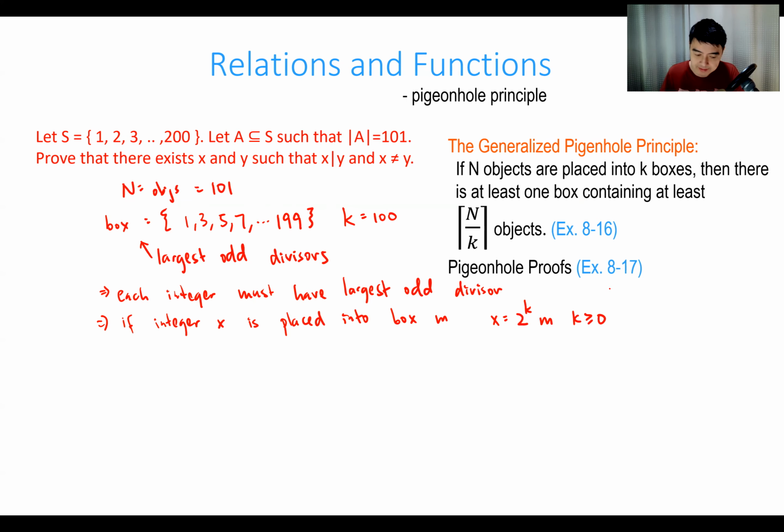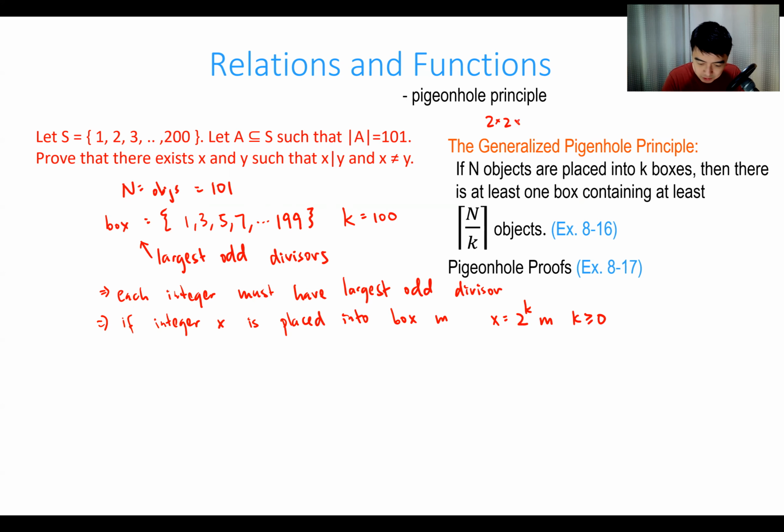If I take any integer and write it as a product of prime numbers, what is the only even prime number? The answer is 2. So if there are any even primes in that chain, they must be 2s.